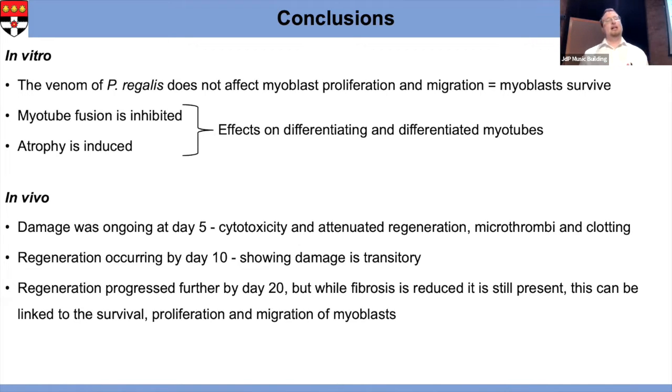However, it is attenuated, and the presence of fibrosis still indicates that it is not yet completed at day 20. This can be, so the migration is down to the ability of the myoblasts, the stem cells, to function.